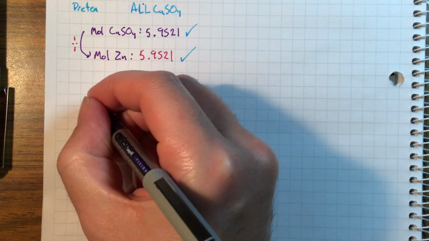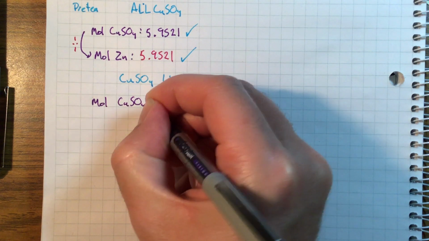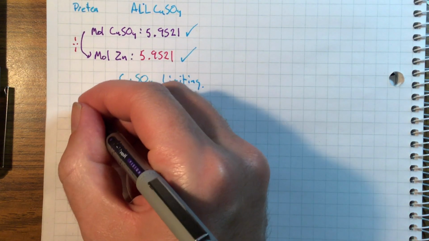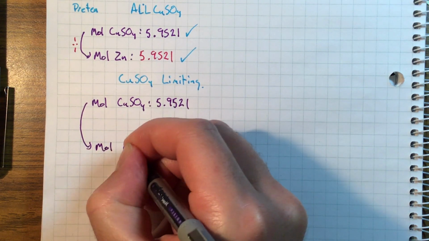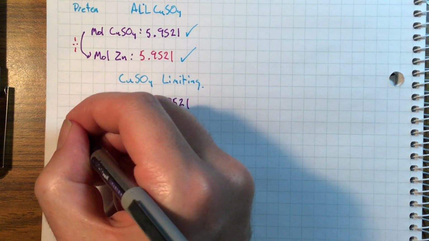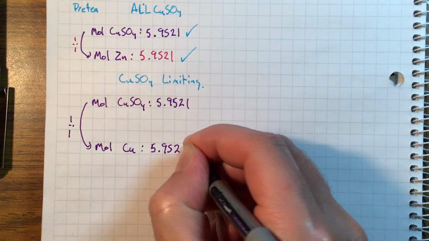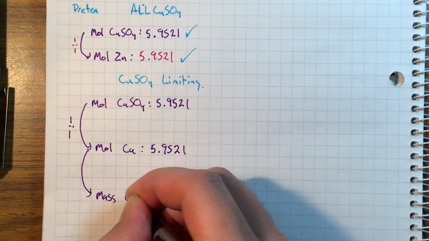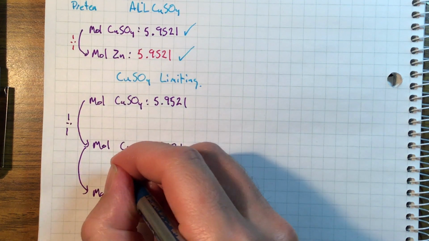So we're going to go with our moles of CuSO4. That is 5.9521. We're going to go to our moles of Cu. And this is a 1-to-1 molar ratio, so it's just the same number, so we can just write it down. Then we're going to go to our mass of Cu. To do that, we'd use our molar mass.